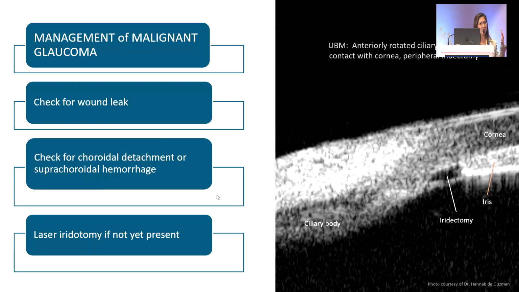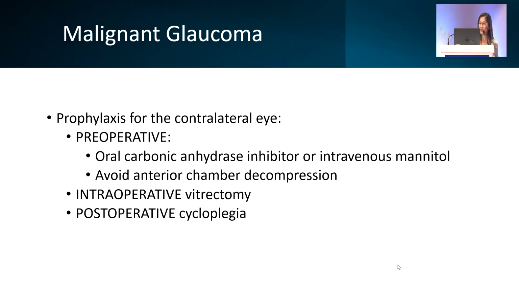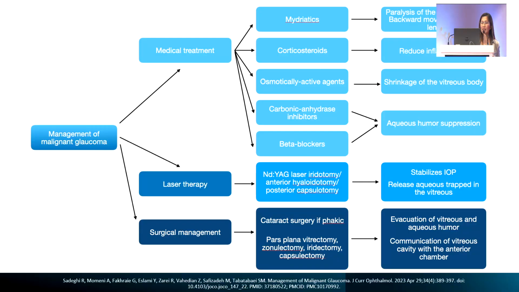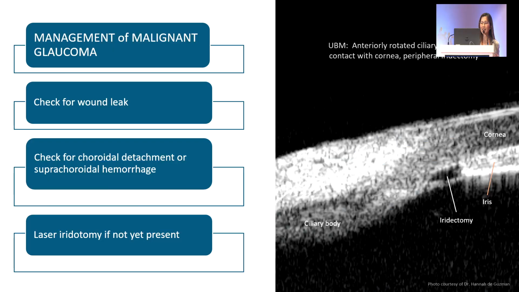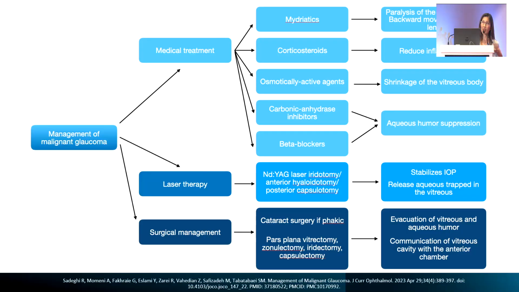If you have a flat chamber and you already did a laser iridotomy and it's still flat, and you're in doubt about the patency of the iridotomy, you can do another iridotomy just to be sure. Once it's established that your patient has malignant glaucoma, medical management can be started.